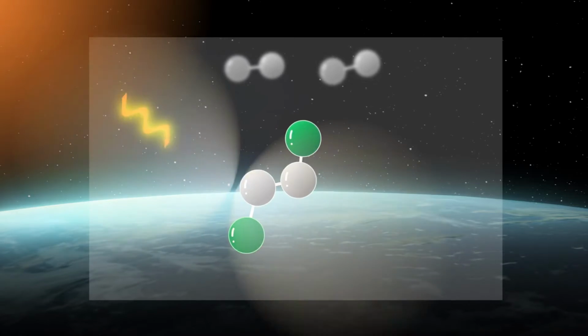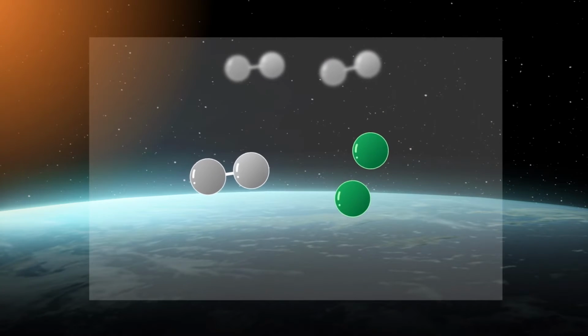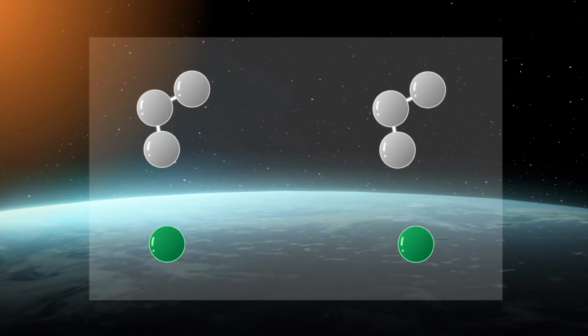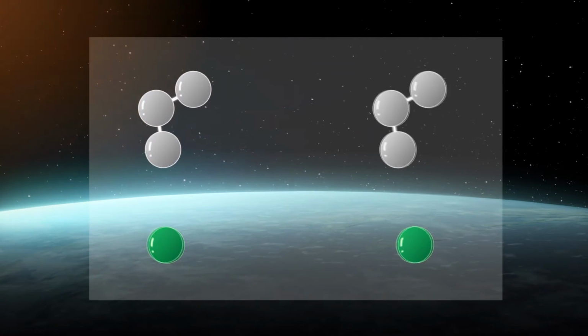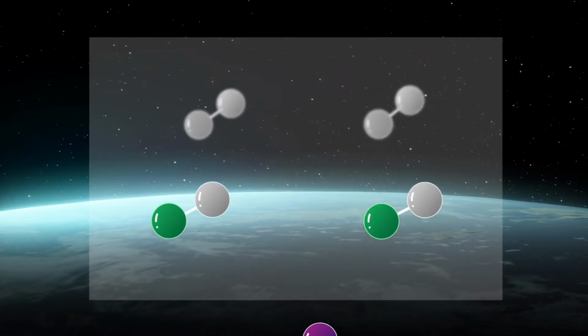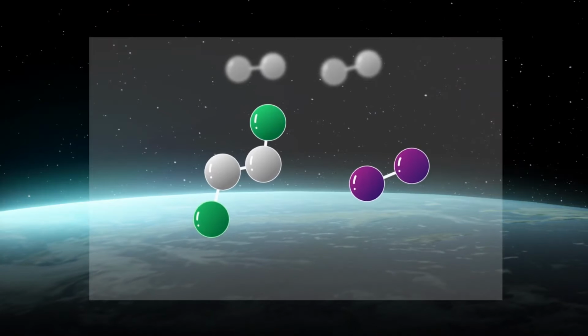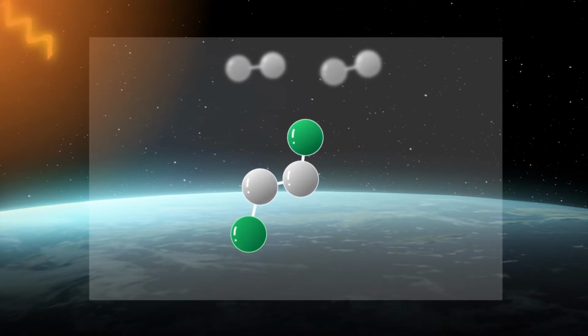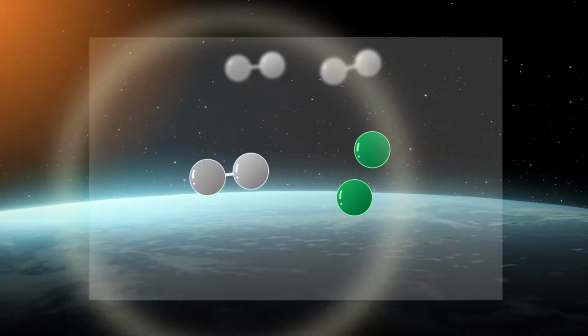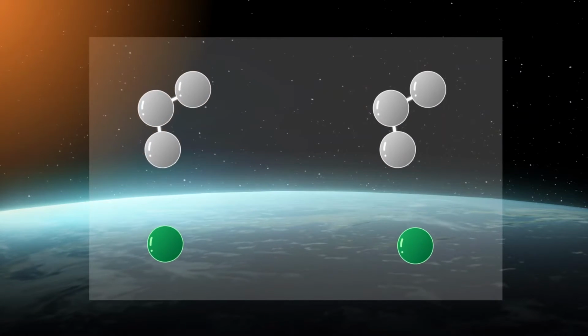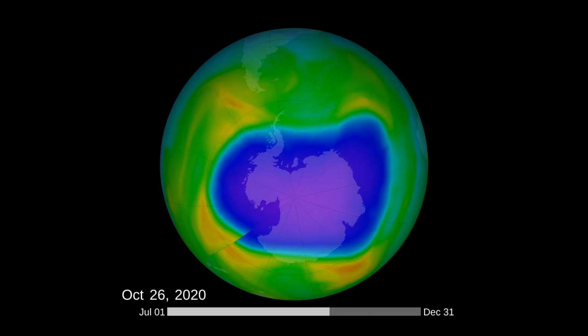With the presence of sunlight, the reactive chlorine and bromine compounds produced during winter begin to deplete ozone molecules by stealing one of their oxygen atoms, leaving just oxygen gas, or O2, in its wake. As long as the polar stratospheric clouds are present, these reactions will occur over and over again, until the ozone is nearly gone. This forms what we call the ozone hole, but that's really a misnomer.